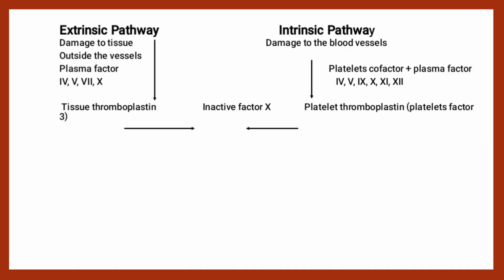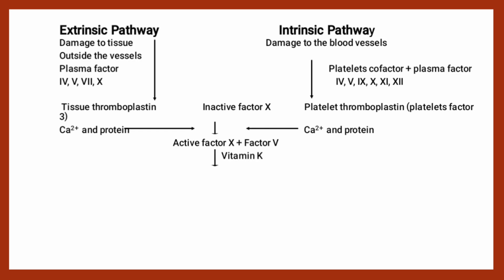Both are responsible for the activation of factor 10, giving active factor 10 with the help of factor 5. And vitamin K also plays a very major role in the formation of a clot.